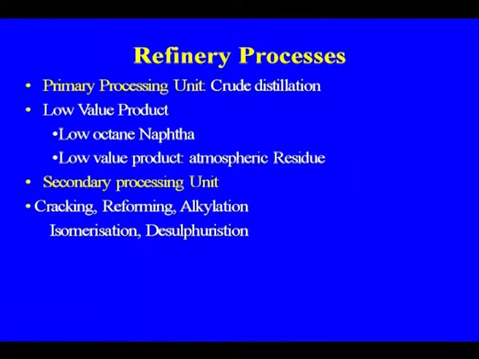In the primary process unit we do crude oil distillation. In crude oil distillation we get a number of low value products which we cannot use as such, so to increase their value, we go for the secondary conversion process.